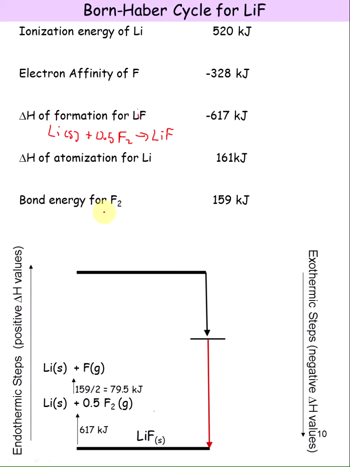That is the amount of energy it takes to break that fluorine bond, so F2 going to 2 equivalents of F. Notice that in our reaction we only have half an equivalent of F2, so rather than using the 159, we have to divide that by 2. So we only add 79.5 kilojoules per mole to break half a mole of the fluorine bonds.